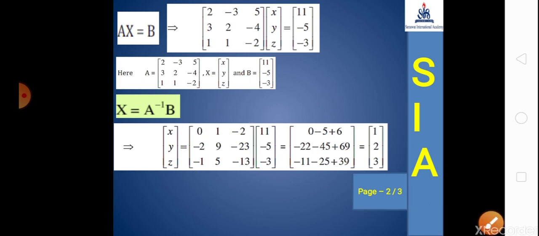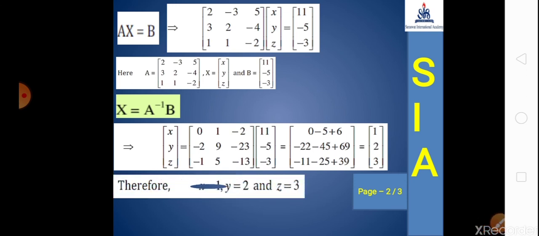So apply matrix multiplication, row wise column entry, and you easily get x1, y2 and z3. Yes students, x1, y2 and z3, and here our sum is ready. Next.